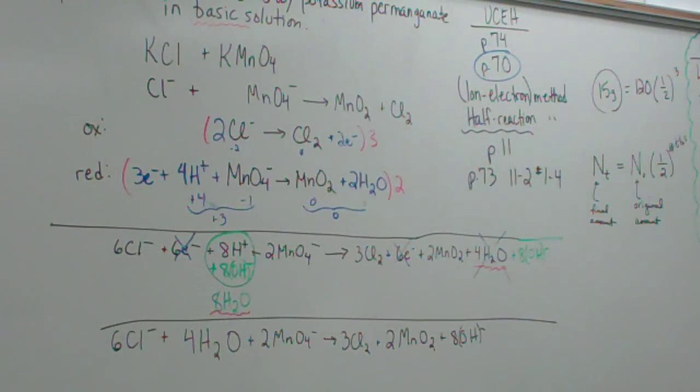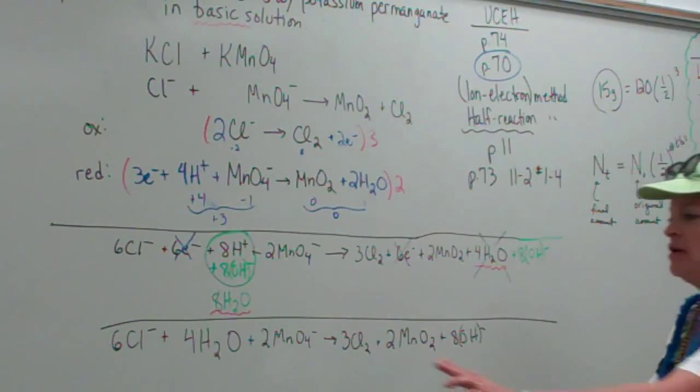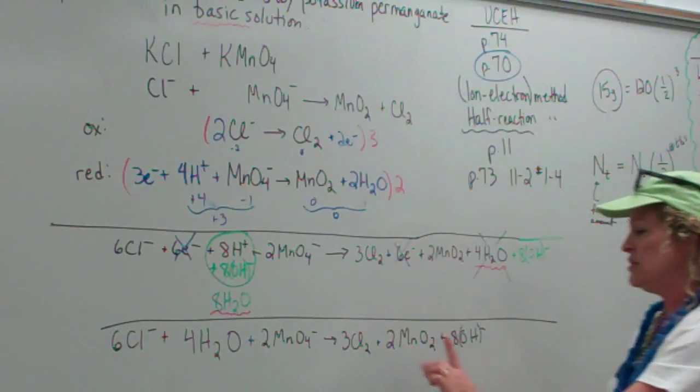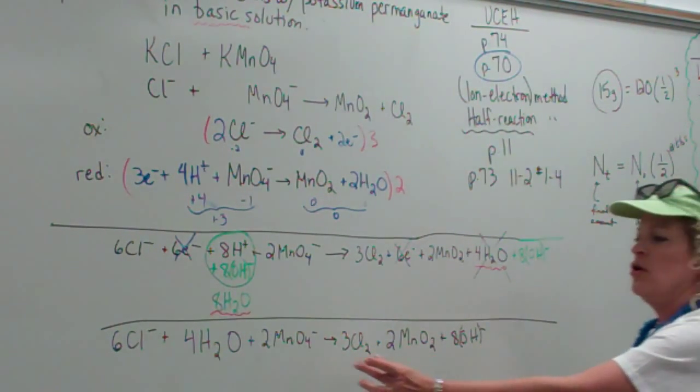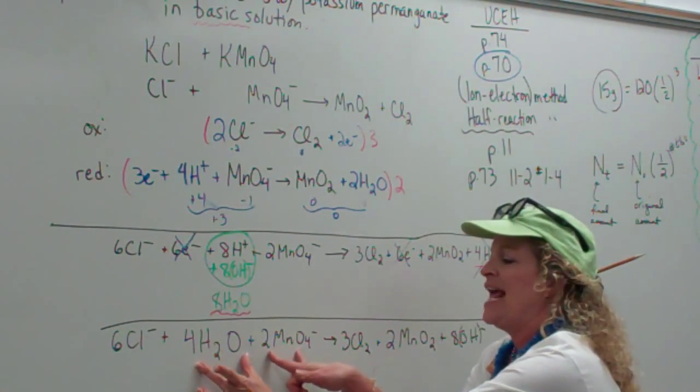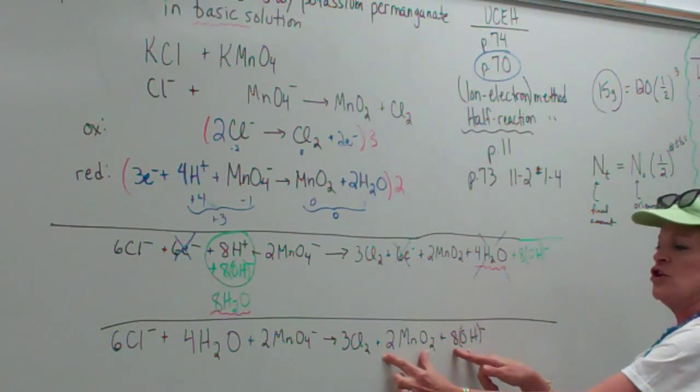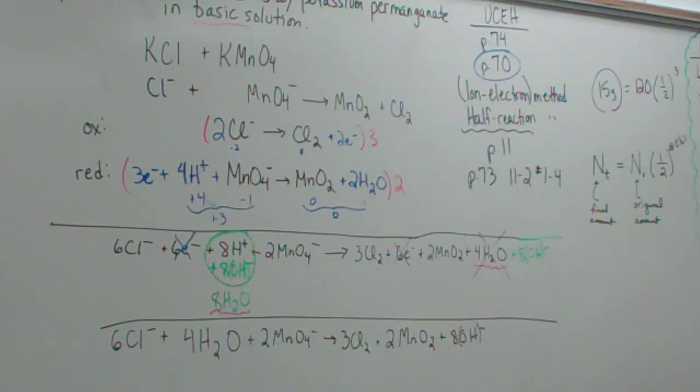Now, here's the other thing. Remember we said, if you're right, all the atoms balance: 6 chlorines, 8 hydrogens, 8 hydrogens, 4 plus 8, 12 oxygens, 4 plus 8, 12 oxygens. Your atoms have to balance, but your charge has to balance too.